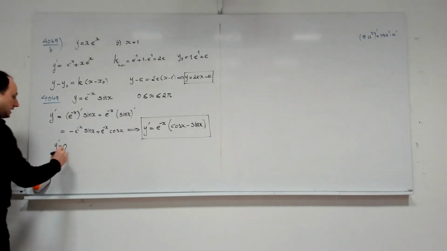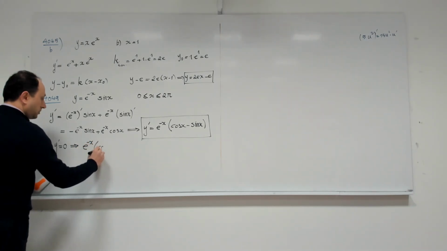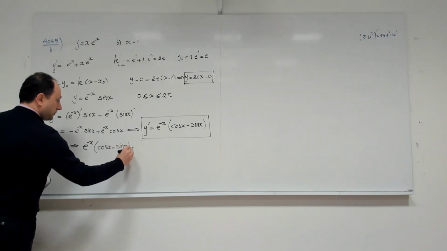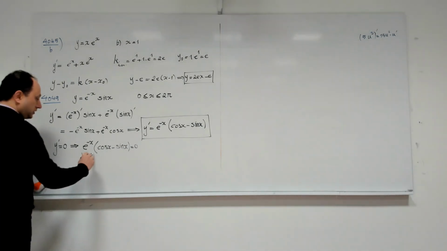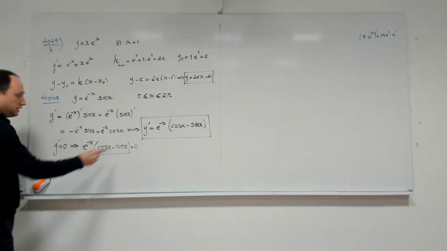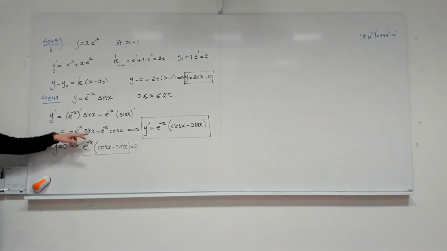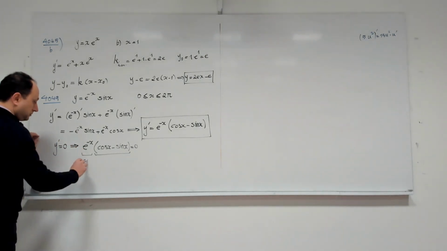So this means that e to power minus x multiplied by cosine x minus sine x is equal to 0. But that is the zero product rule. A number multiplied by another number is supposed to be equal to 0. So either the first one is 0, which is not possible because exponential functions cannot be equal to 0. So this is always non-zero.